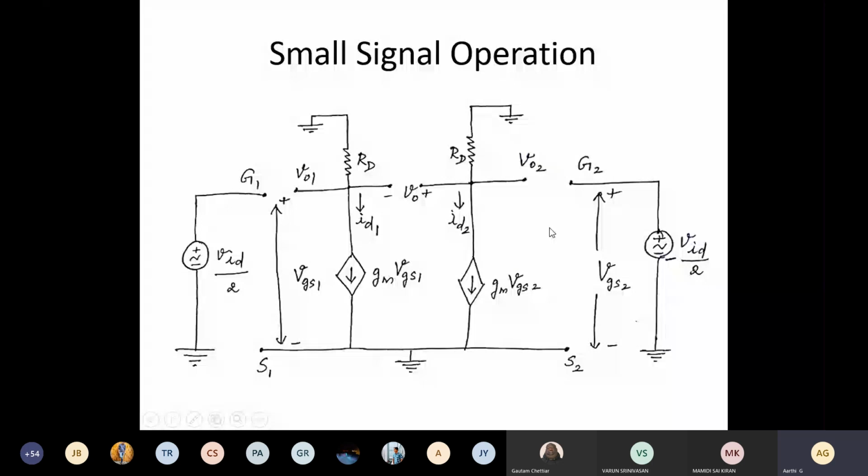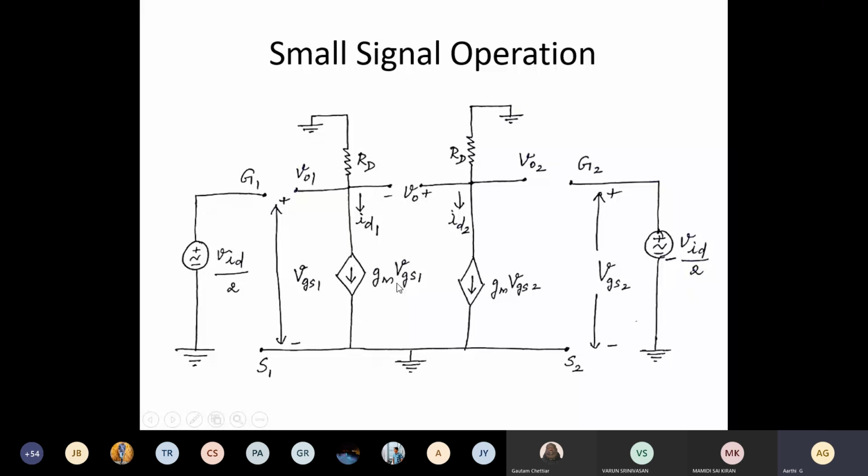Now we are going to calculate the output for the single-ended case and the double-ended output. That is, we are going to calculate the differential gain. ID1 is approximately equal to GM VGS1. Similarly, ID2 is equal to GM VGS2.